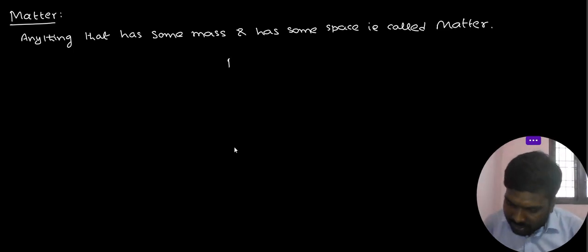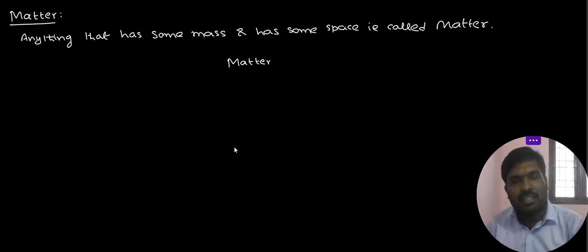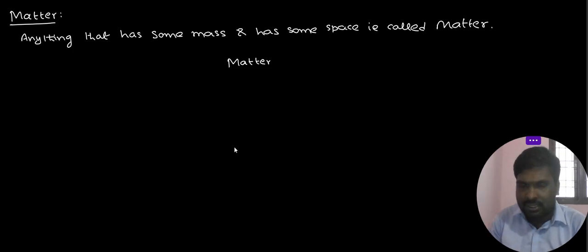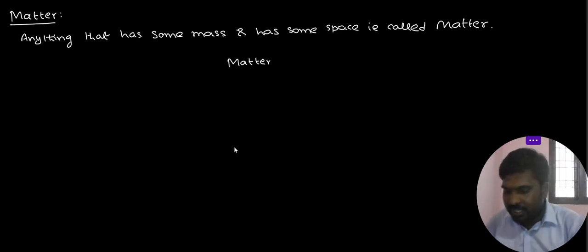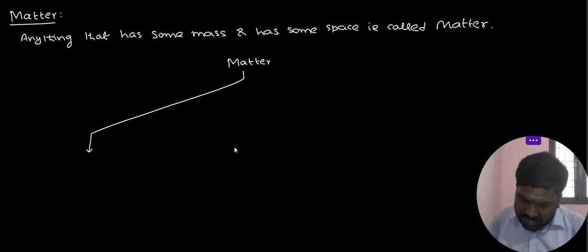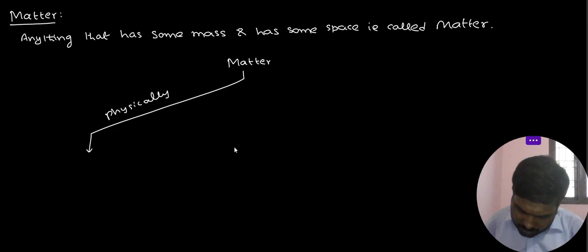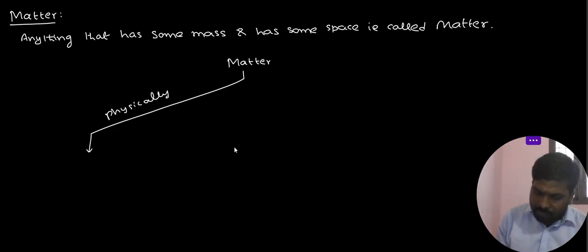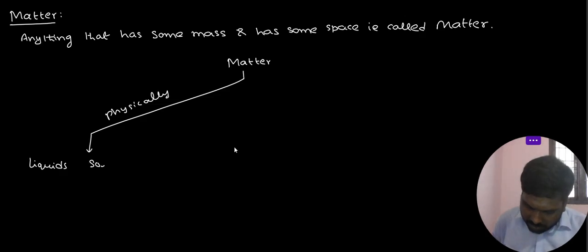So matter we can classify according to two types: chemically and physically. Physically, matter is classified as liquids, solids, and gases.